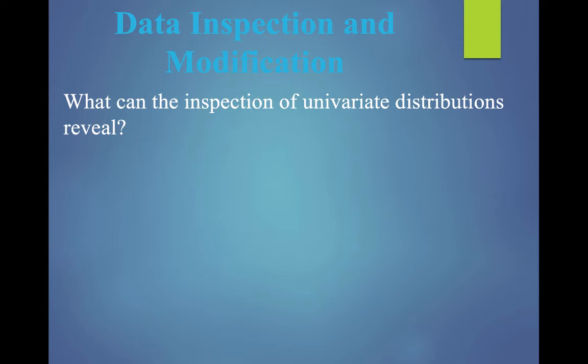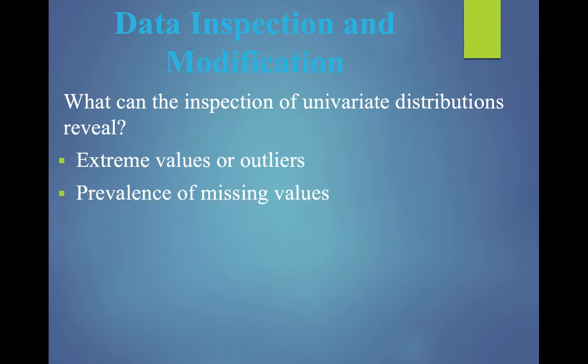All right, so you want to present your univariate data in the fullest degree of detail, but at the same time, your data has to be presented in a very manageable way. So what can inspection of univariate distributions reveal? Sometimes they can reveal extreme values or outliers, like that guy who drank 25 drinks, or things that pull the distribution one way or the other. Another thing to look for is the prevalence of missing values.